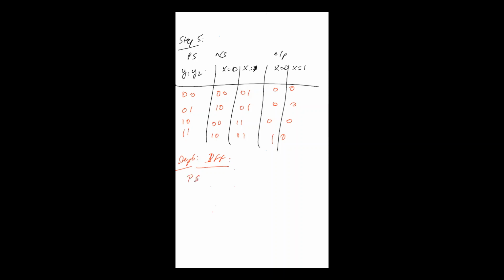The excitation table consists of the past state, that is small y1, small y2, input, that is considered X, next state, that is capital Y1, capital Y2, and input to flip-flop. There will be two flip-flops, D1 and D2, corresponding to Y1 and Y2, and output is Z.